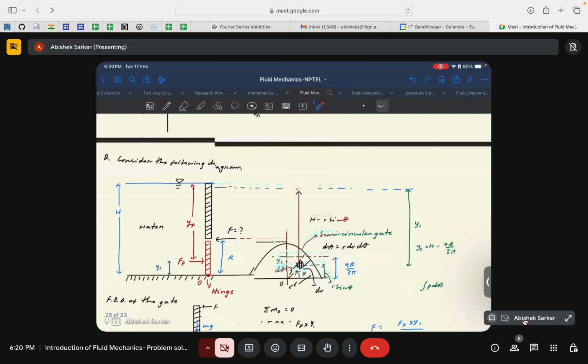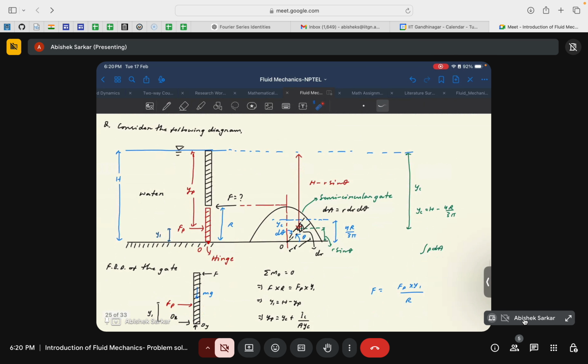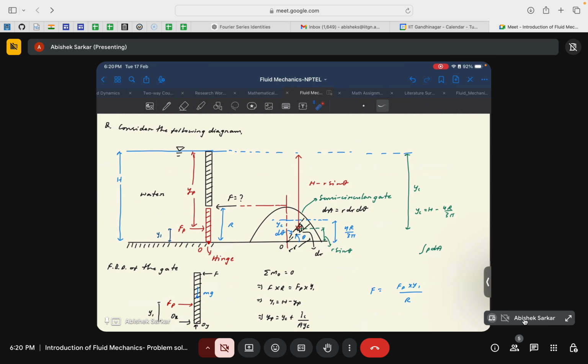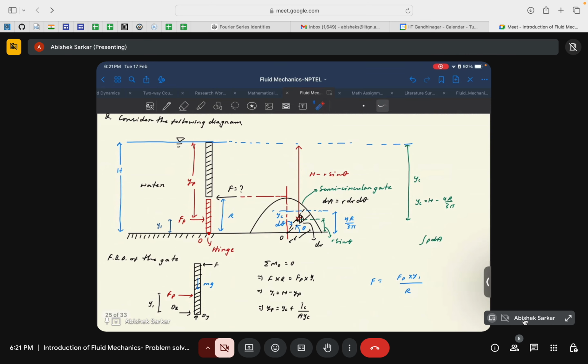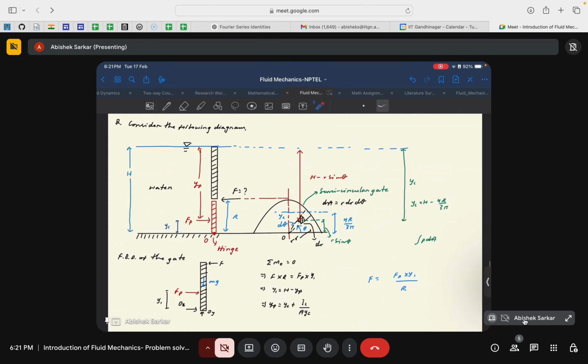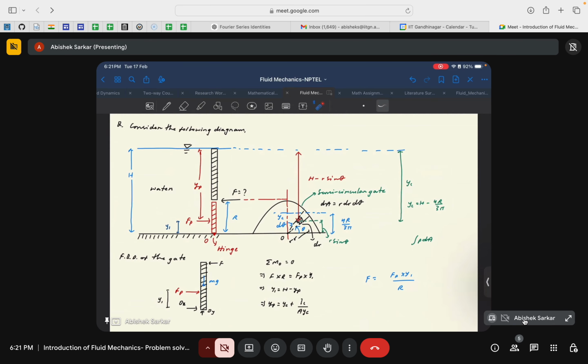Let us take one example now. I hope the diagram is visible, and let us briefly go through it. This is again a similar example to what I already discussed.